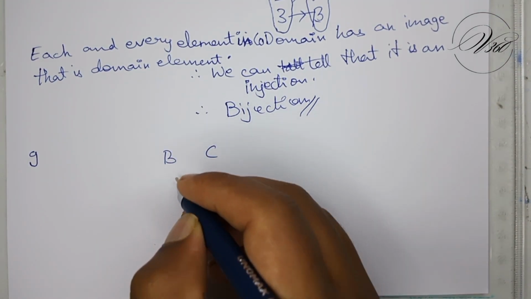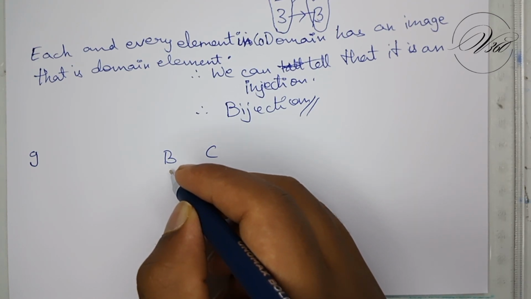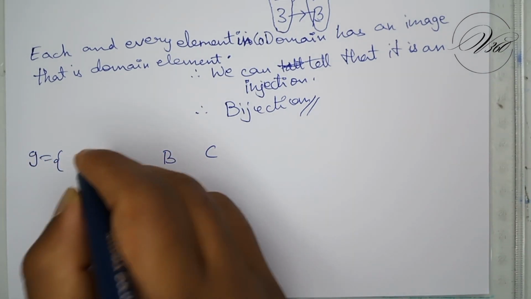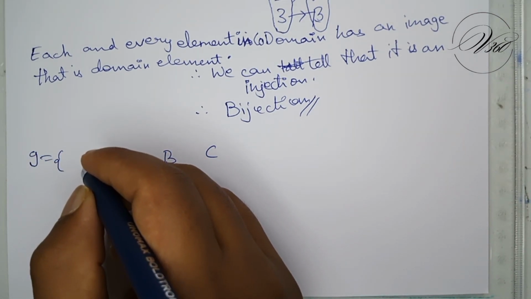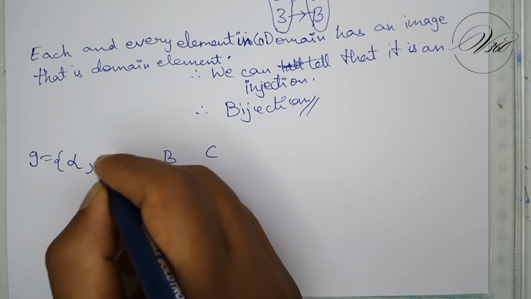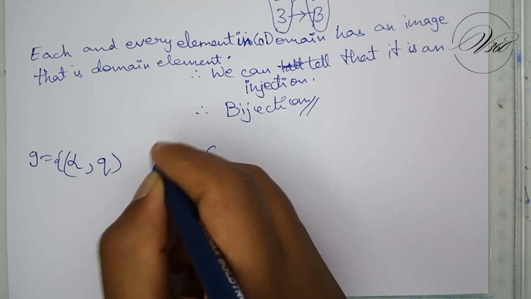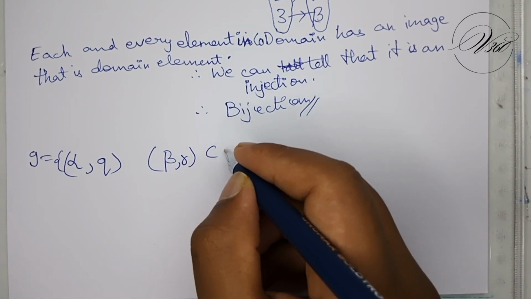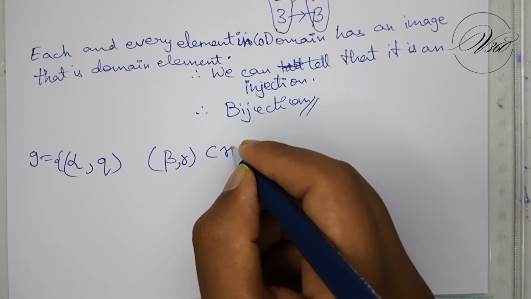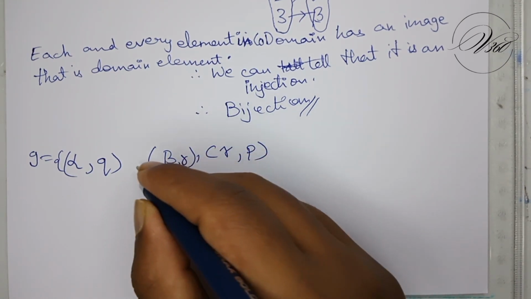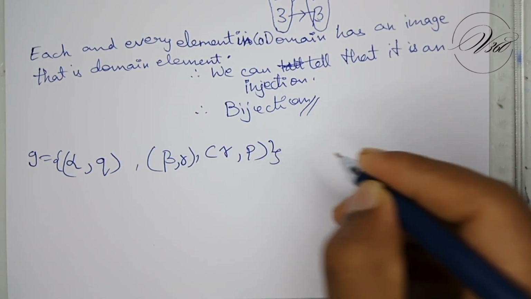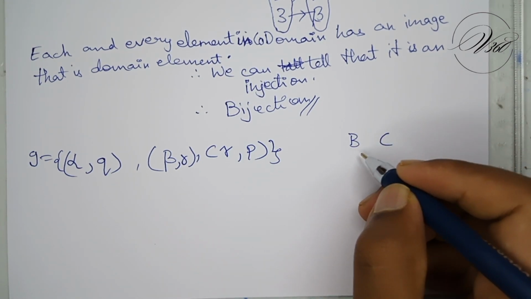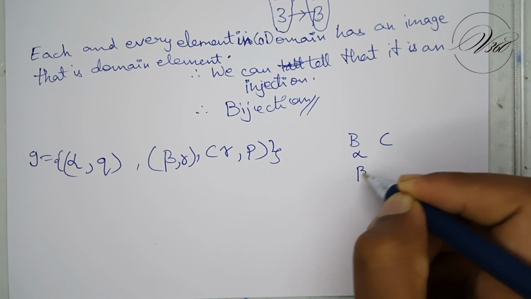B to C. In G we will write first what is given: alpha comma Q, beta comma R, and gamma comma P. This is G. Now we will see what is B and C. B has alpha, beta, gamma.